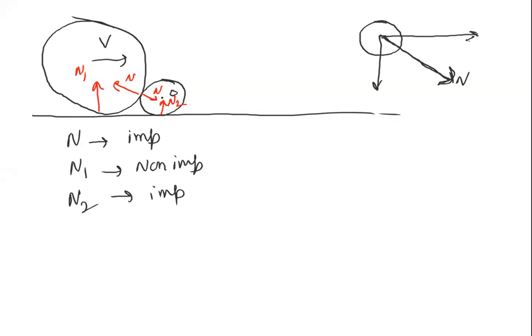However, we know that the small sphere will not suffer any change in its vertical velocity because of the floor. And if the small sphere does not move downwards, that means it is pretty much guaranteed that the vertical impulsive force on the sphere was balanced by another impulsive force.